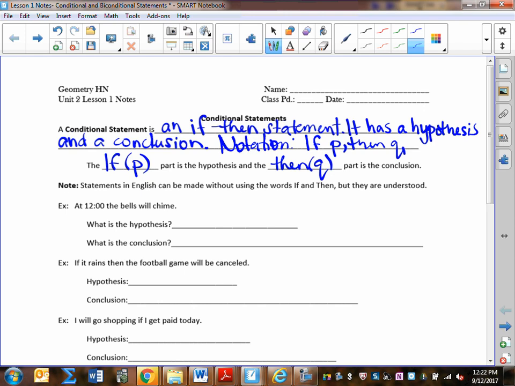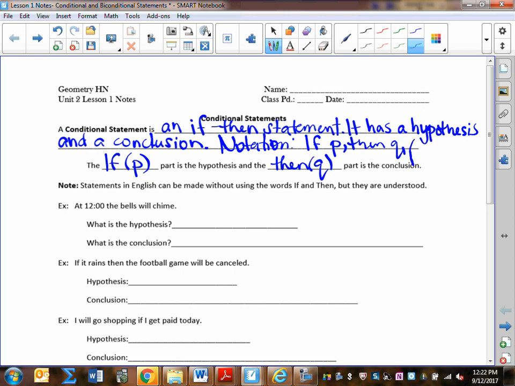For example, if I live in Virginia, then I live in the USA. My hypothesis is, I live in Virginia. Conclusion, I live in the USA. If that hypothesis is met, the conclusion is true. If the whole conditional statement is true, then anytime the hypothesis has been met, the conclusion can be made.